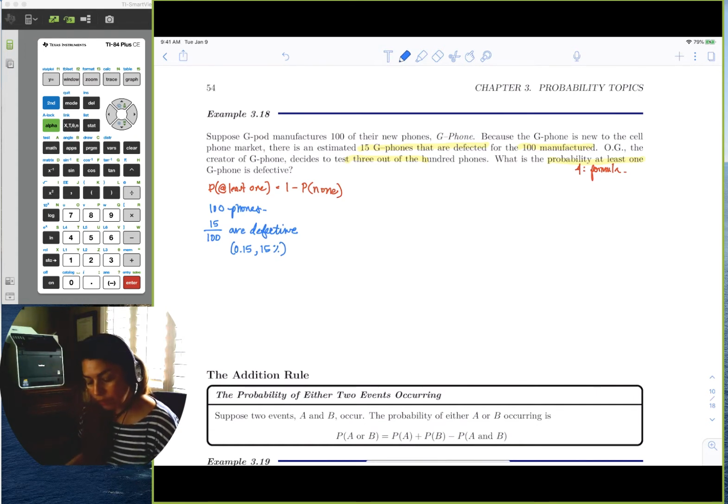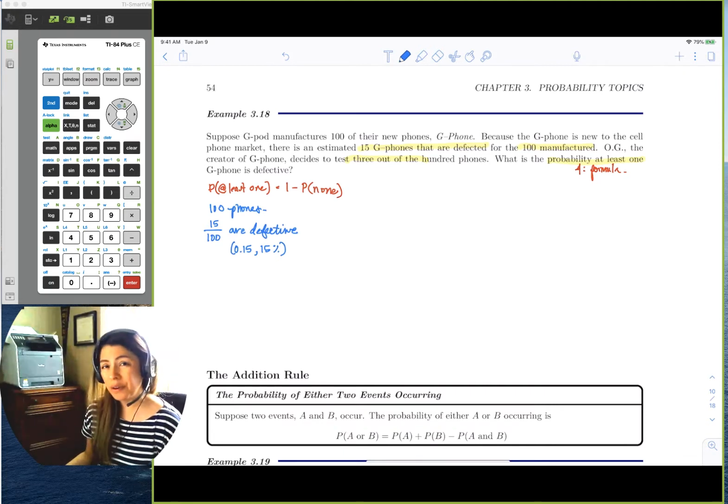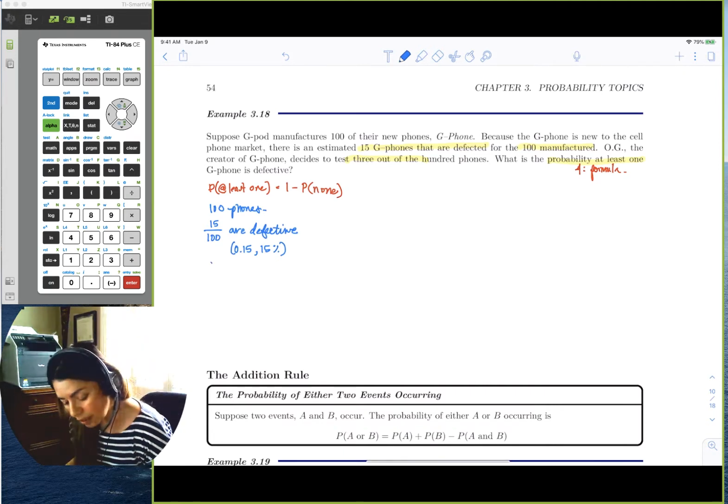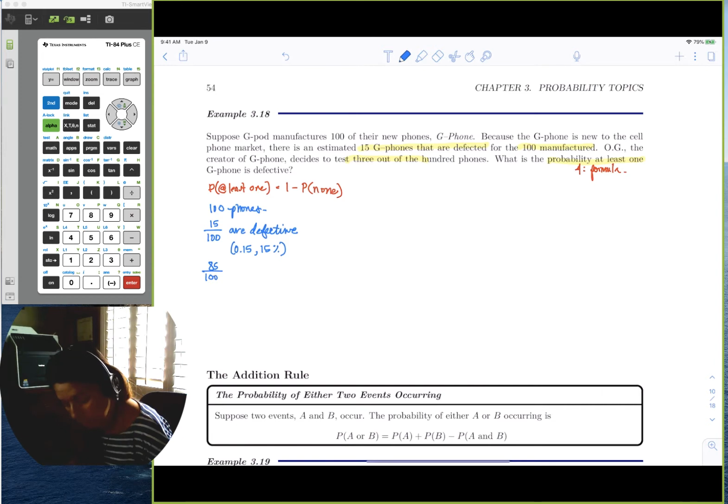If 15 are defective out of the 100, how many are not defective? This would imply that 85 out of 100 are not defective, which means about 0.85 or 85%.